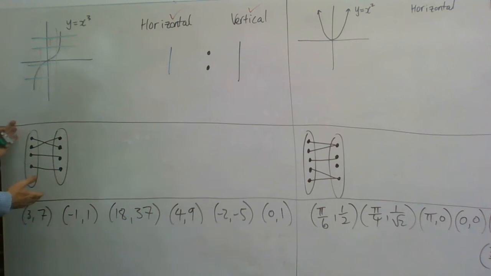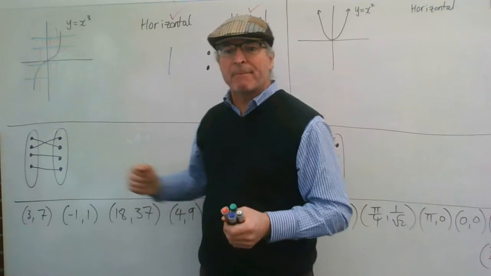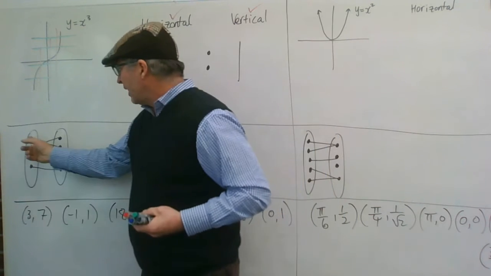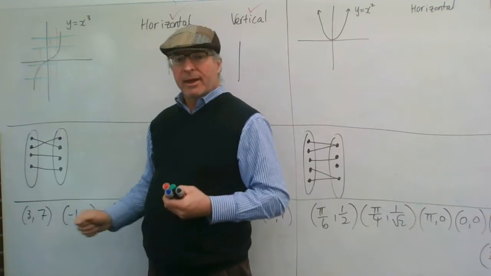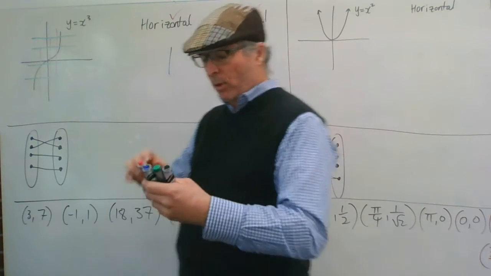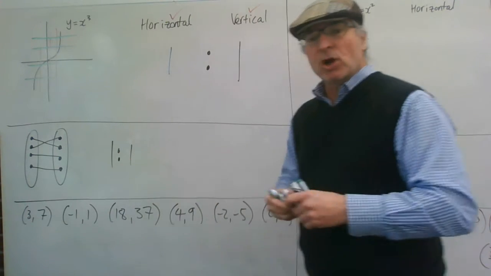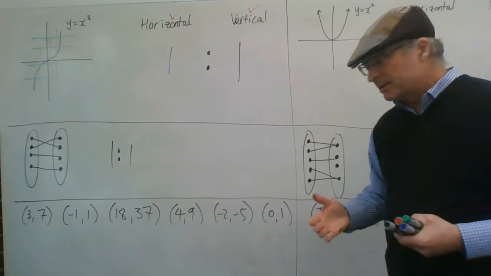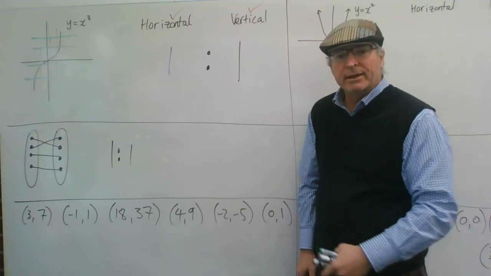Now, here's another example of a 1-to-1 function, but written in terms of a mapping, where each one goes to 1, and that's straightforward, a 1-to-1 function here. And sometimes you're given a collection of points, such as these points written here out to 0, 1.